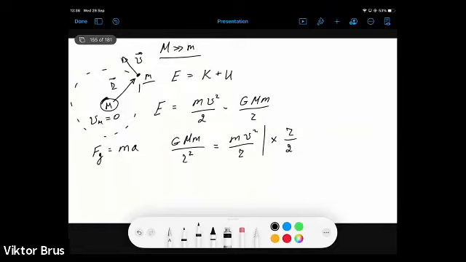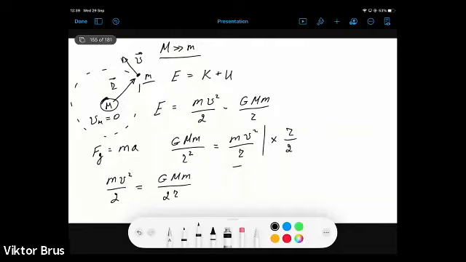So in this case, what do we get? If we consider the left side of the equation, we get m v squared divided by 2, which is the equation for kinetic energy. That will be equal to G times M times m divided by 2R.